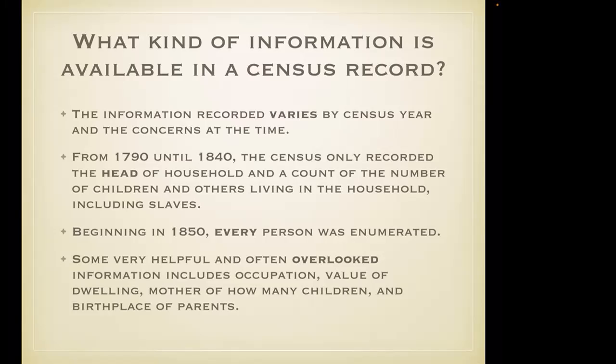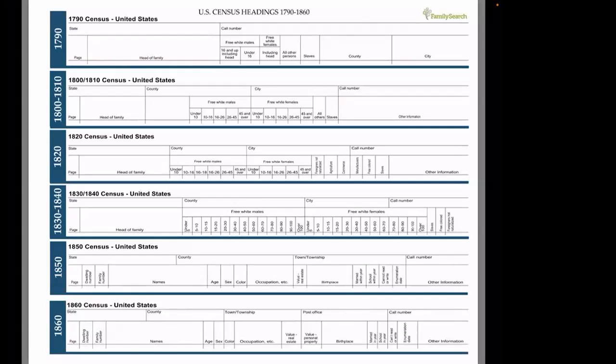So this just walks through the headings that show the columns and the information that was captured decade by decade. And one of the main things to see on this, well, first of all, if you're having trouble reading the census and want to know the information in the heading, you can go to FamilySearch or Ancestry. Most of them have blank forms, and you can readily read the information that was captured in the heading.